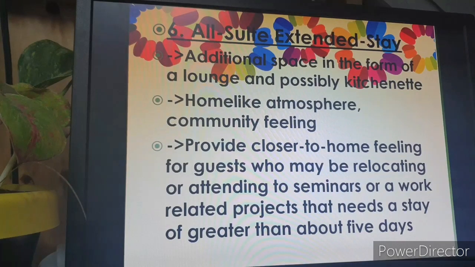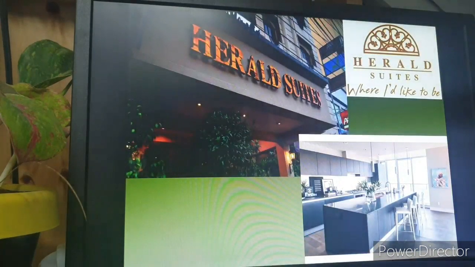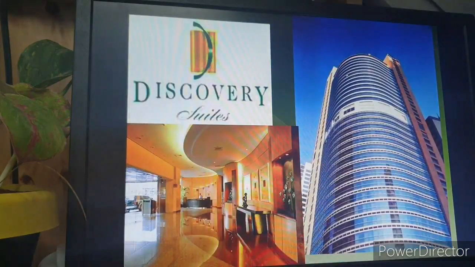Here are the following examples. We have the Linden Suites, located at Ortigas Center in Pasig. Next in line, the Herald Suites. Next, the Discovery Suites, that's considered as one of the butler hotels.